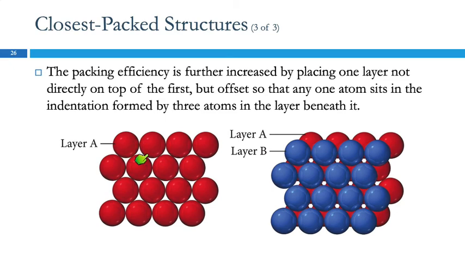So between 3 atoms, there's a little indentation or divot here, right? And so this atom would like to sit down in that little hole, right? So we've got this second layer is offset as well. So we call the red one layer A and layer B, and so we can talk about a pattern of A, B, A, B.